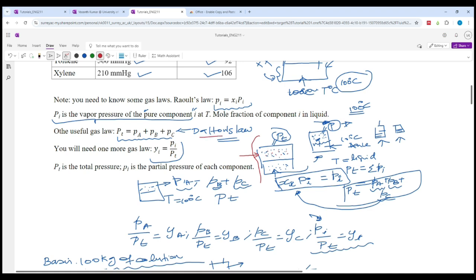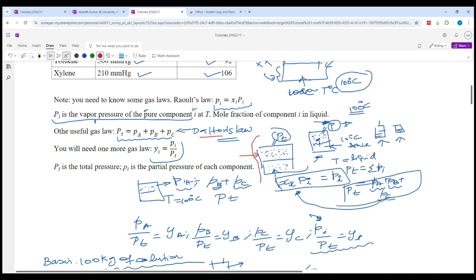And if we also know the total pressure, then we can calculate the mole fraction of each component in the vapor phase.